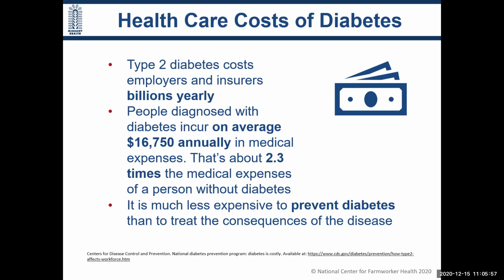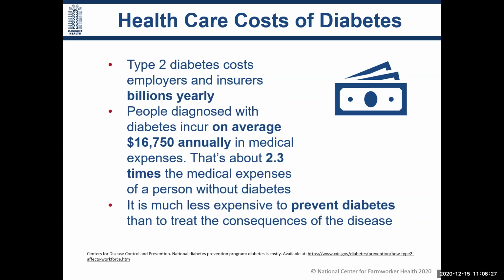The cost of diabetes is pretty astounding within our healthcare system. You can see there the cost to employers and insurers is in the billions, and that's every year. We know that the cost of treating a patient with diabetes is about 2.3 times higher than those without diabetes, and that equates to almost $17,000 per year for people who have diabetes.